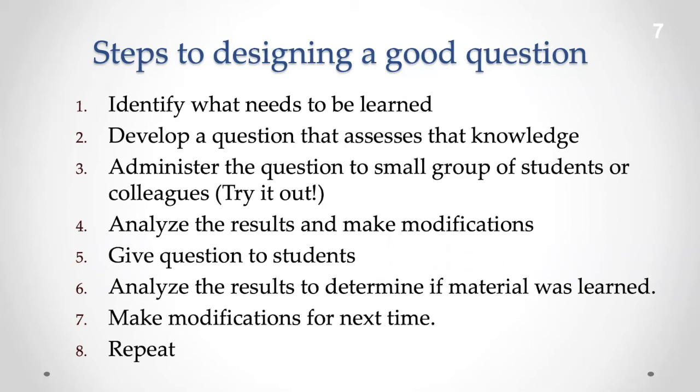As you can imagine, if you go back to the adult learning question, I wanted them to not only demonstrate their experience with adult learning, but also demonstrate their knowledge of what adult learning is. So they had to not only identify how they experienced it, but basic components of adult learning as it related to them. So you develop the question that assesses that knowledge, and then you administer it.